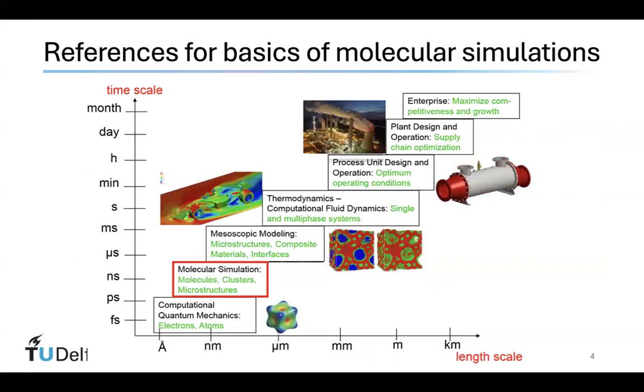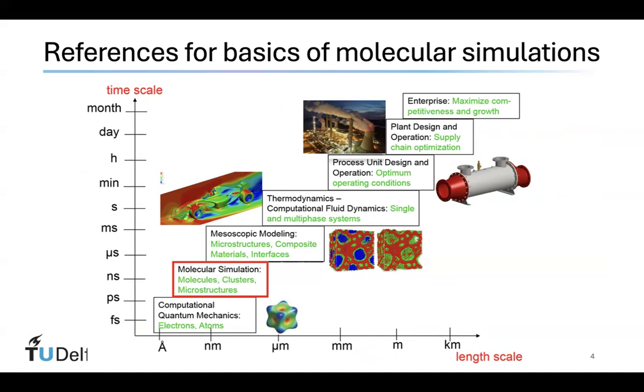You're looking at very tiny systems, but the importance of these tiny systems is that you can collect quite a few useful pieces of information from them. That's the whole idea of molecular simulations, because here you do not make any assumptions and you start from a bottom-up approach.